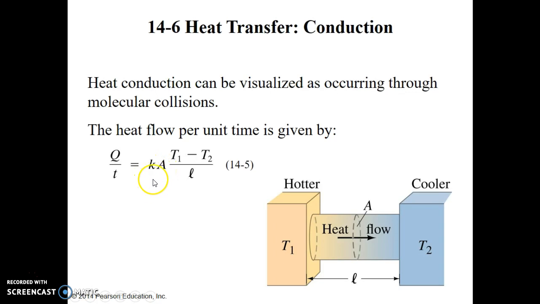We need to know both the size of the conduit as well as what material it's made of. This K is called the heat conductivity. It describes how well a certain material conducts heat, and that's what we saw in the previous video.